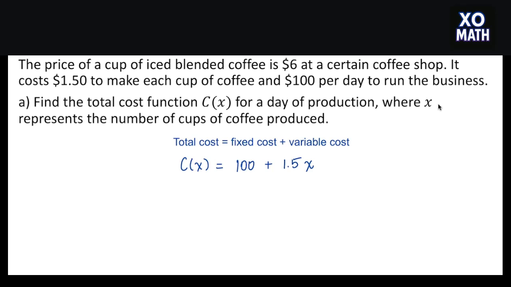So our cost function is 100 plus 1.5 times x, which notice is a linear function. I can rewrite this as 100 plus the fraction 3/2 x if I choose, and I can even rewrite it where 3/2 x is first plus 100, the constant, is second, to really try to notice that this is a linear function in the form y equals mx plus b.